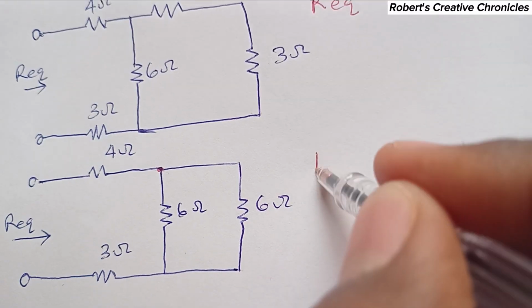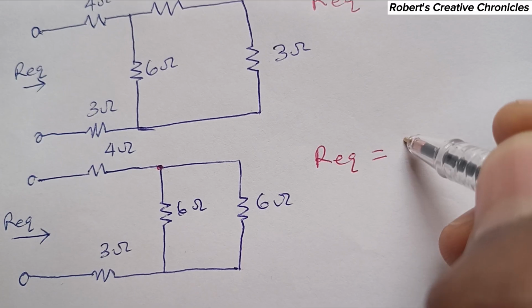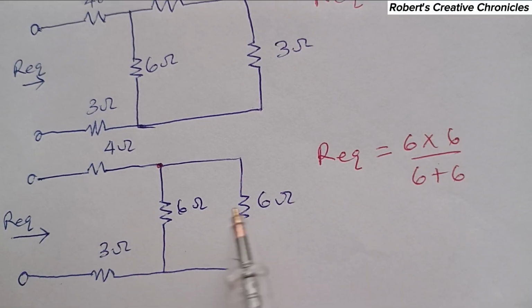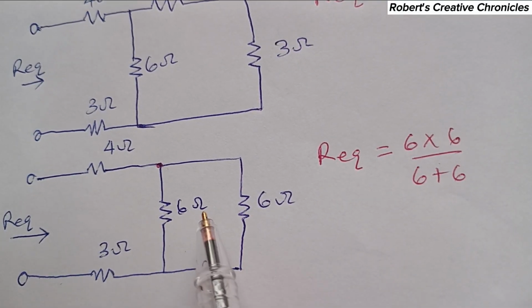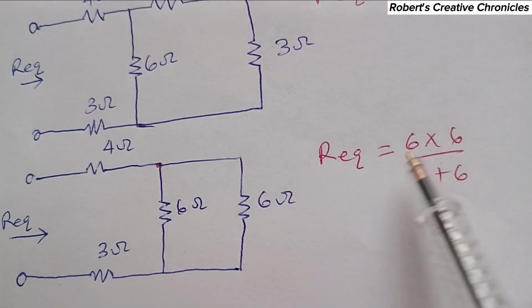So find the equivalent resistance. It is simply product over sum. It will be 6 times 6 over 6 plus 6. And remember that this method is only applicable to 2 resistors in parallel. When it is 3 and above, you cannot use this method.